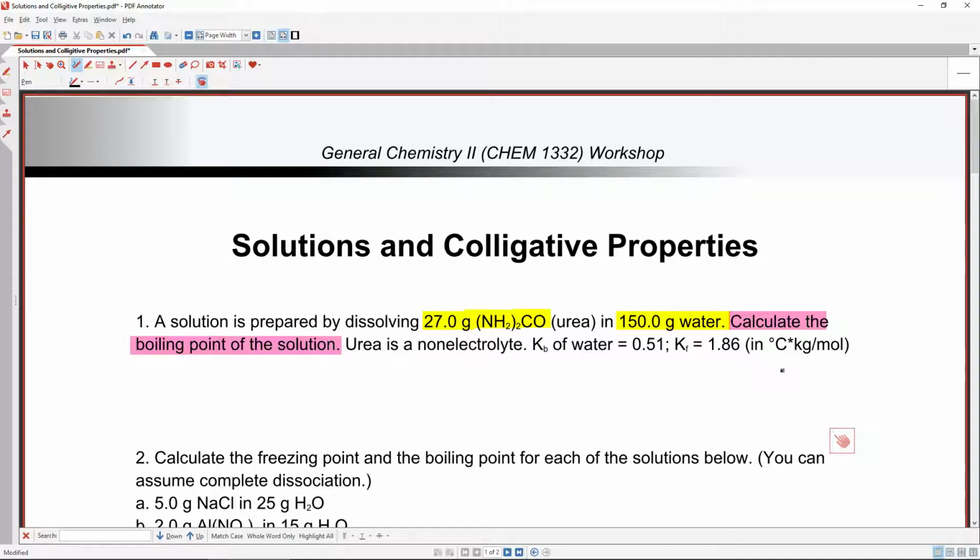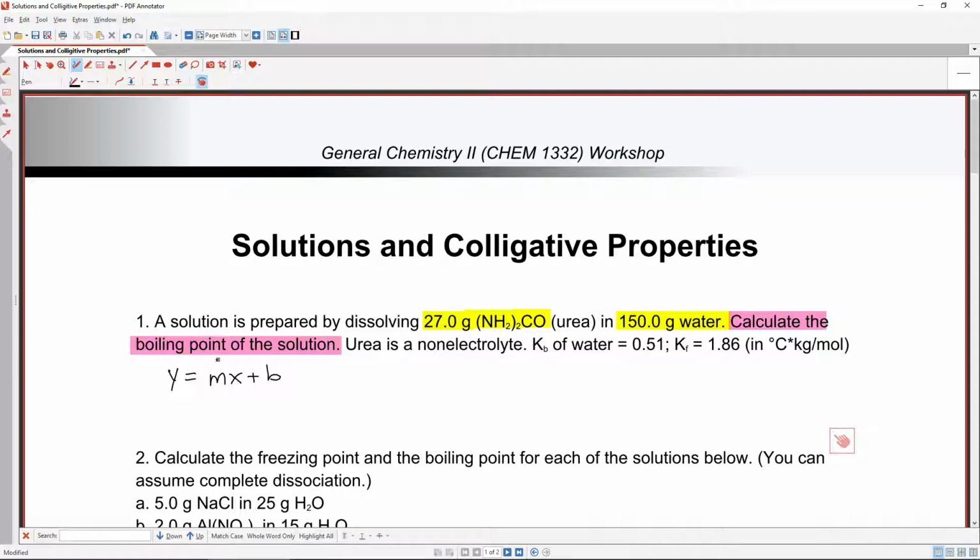So for colligative properties like boiling point elevation or freezing point depression, we're going to be using a linear approximation to these, of the form y equals mx plus b.